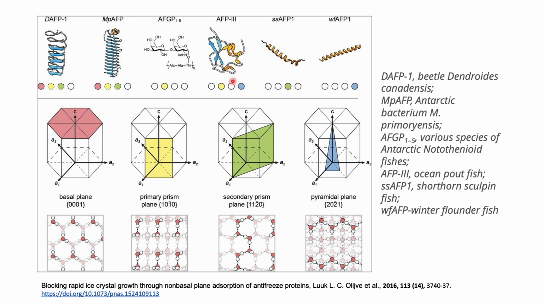And AFP3 actually has both the primary prism plane inhibition as well as the pyramidal plane binding and inhibition of the ice growth crystals. And SSAFP, which is from the shorthorn sculpin fish, mainly has the secondary prism plane inhibition, which is the only thing it is doing. And when we talk about the winter flounder fish, this mainly focuses on the pyramidal plane only. So these are all the different types of fishes and the action of different antifreeze proteins and how they prevent the crystal growth.